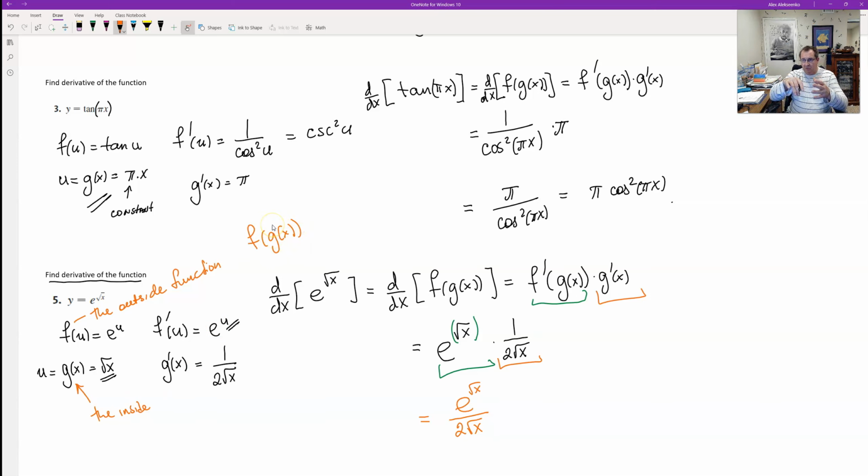So g goes on the inside, f goes on the outside. So identifying the outside function is a crucial step in applying the chain rule. If you identify the correct outside function, you are one step ahead right there. So hopefully these two examples that we considered will help you get started on more interesting problems.